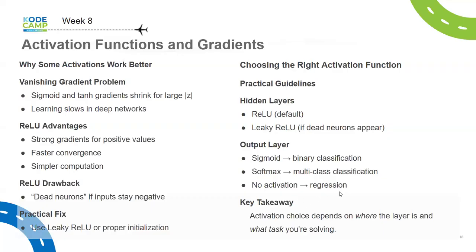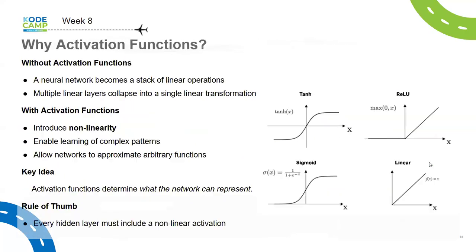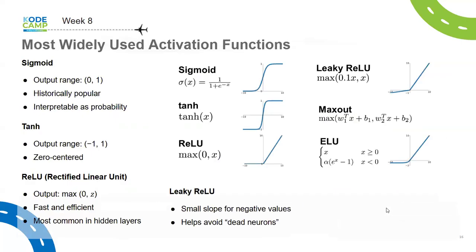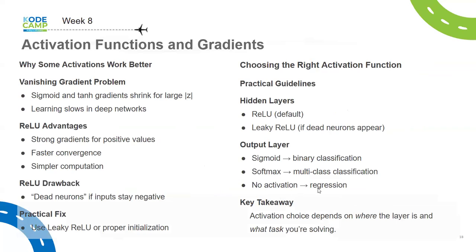And then if you're doing a regression problem where you are trying to predict an actual number, don't use any activation. That's where you now use that linear one that we talked about, where everything that is on the input you pass it through to the output. So you see that we use that for regression problem, but only on the final output layer, not all the other layers in between.